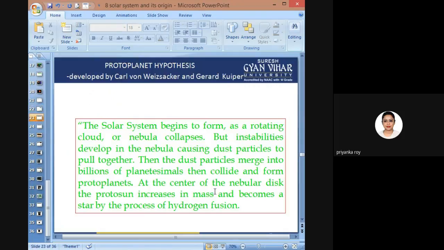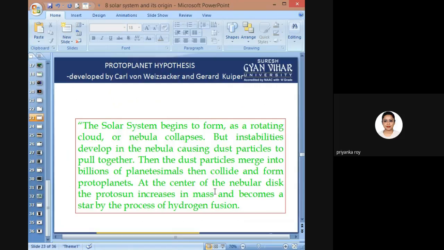The protostar hypothesis was developed by Carl von Weizsacker and Gerard Kuiper. So what did Gerard Kuiper say? He and his fellow members tried to explain that the solar system begins to form from a rotating cloud, or nebular collapse.